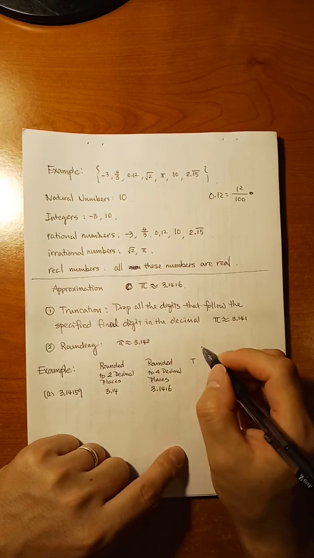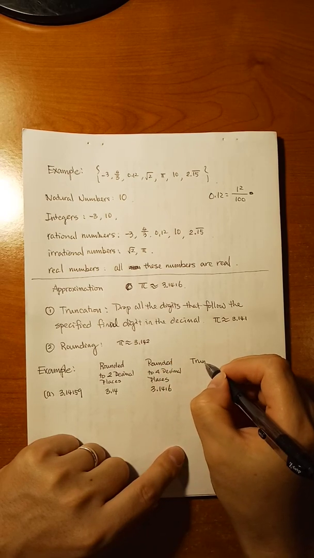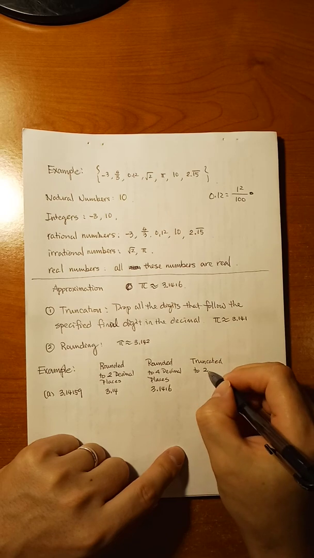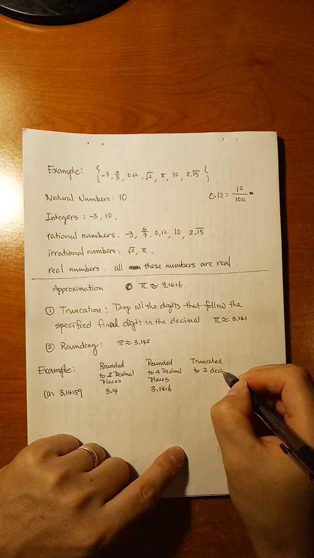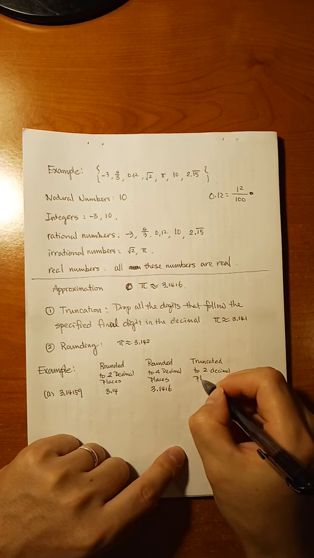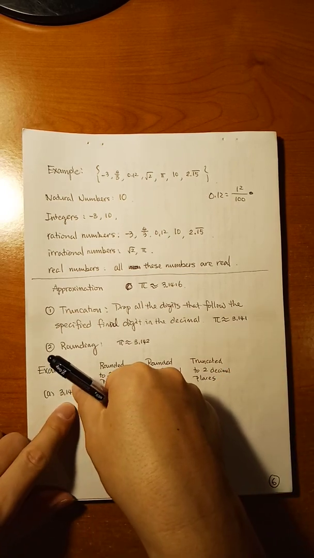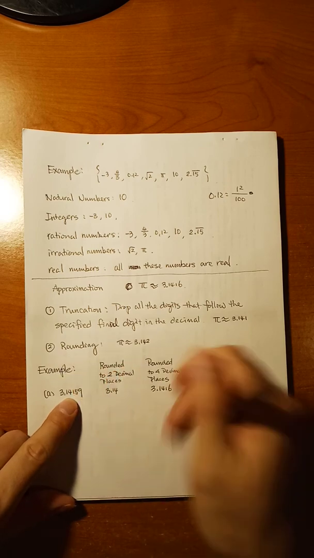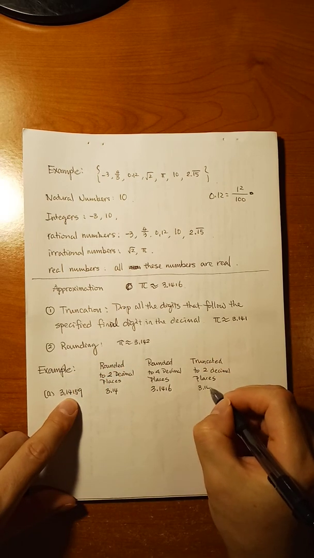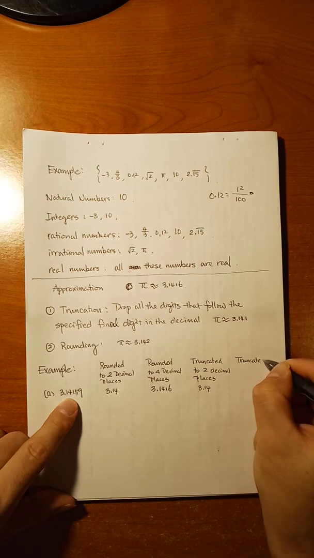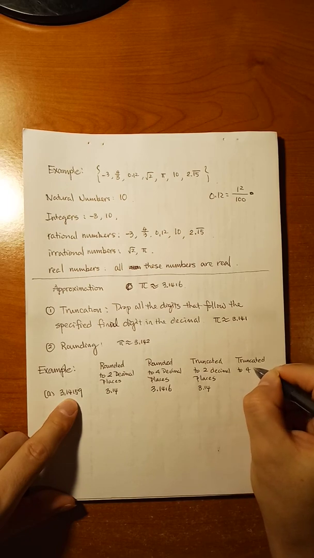And truncate it to 2 decimal places. You don't care what the next digits are, just cut it at 2 decimal places. And truncate it to 4 decimal places.